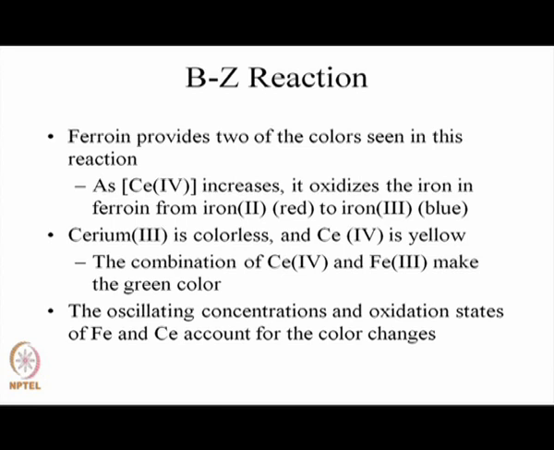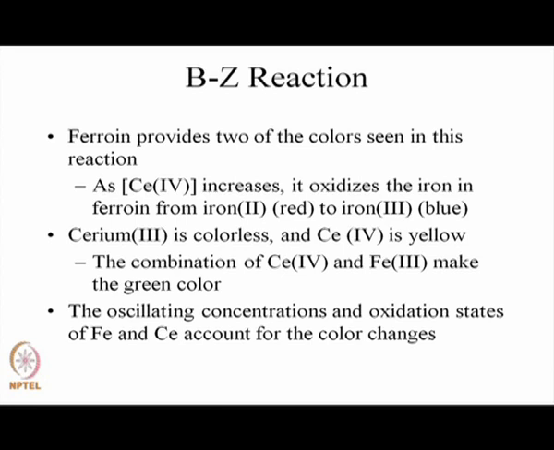As cerium 4, that is ceric ion, increases, it oxidizes iron 2 of ferroin to iron 3 of ferroin. I mean it oxidizes iron 2 to iron 3 in the phenanthroline complex. So iron 2 in phenanthroline is red and iron 3 in phenanthroline is blue.